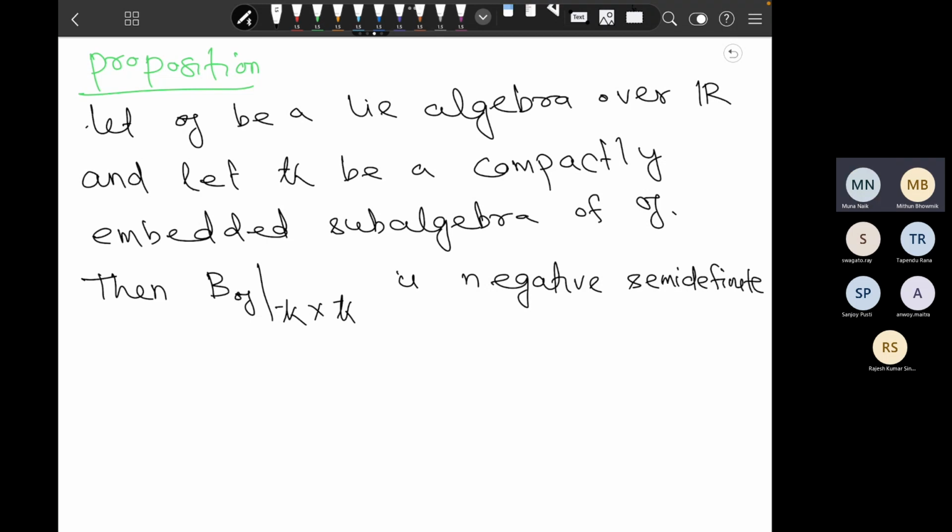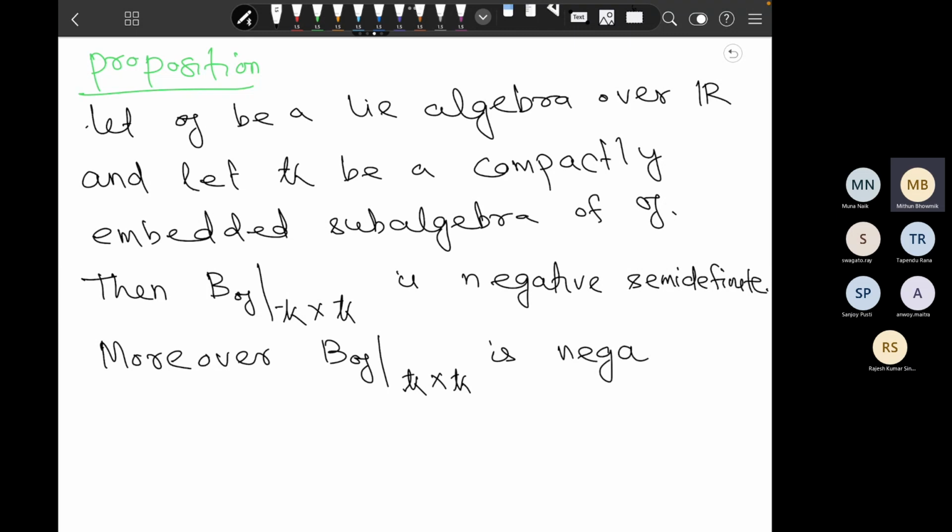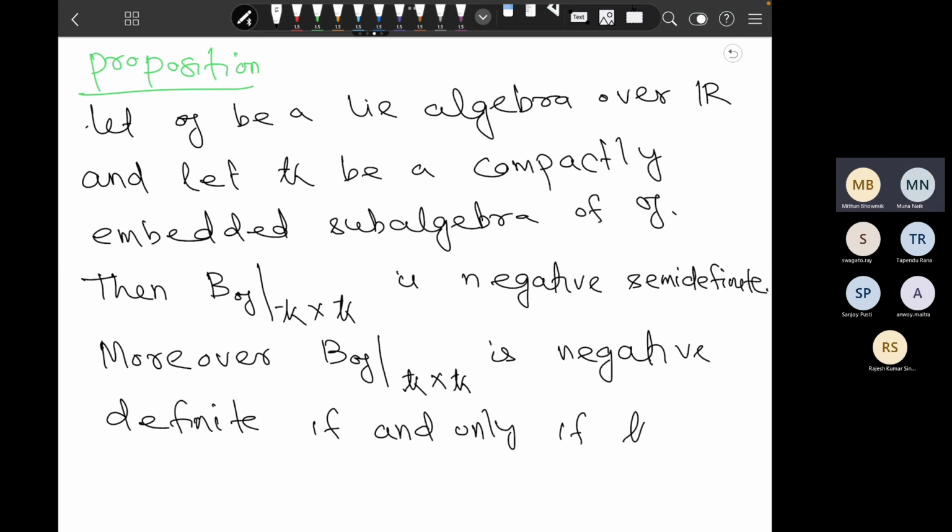Moreover, B_G restricted to K cross K is negative definite if and only if K intersection Z(G) is zero.